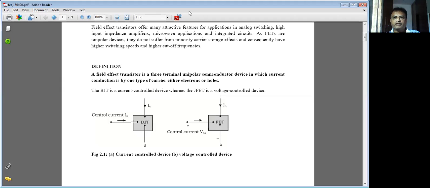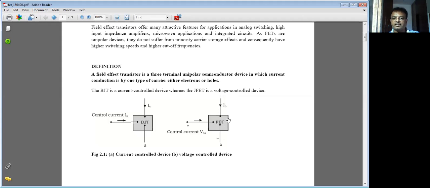A FET is a three-terminal device. This is source, this is drain, this is gate. A three-terminal unipolar semiconductor device, in which current conduction is by one type of carrier, either electrons or holes.